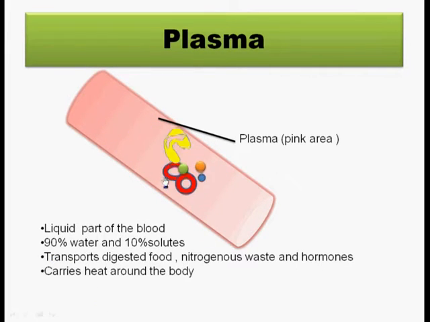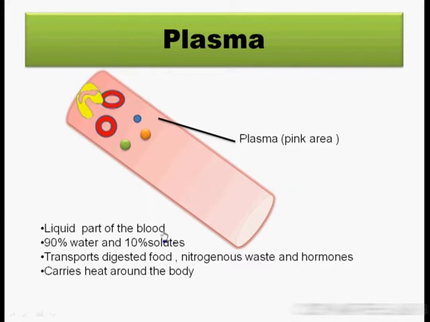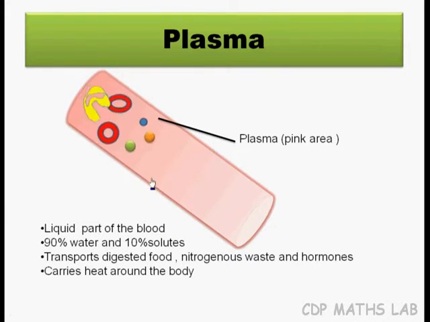So these substances are dissolved in the plasma because 90% of it is water. Solutes basically dissolve in the water, right? So 90% of the plasma is water, and these little things that you see moving are called solutes, and they make up 10% of the plasma.